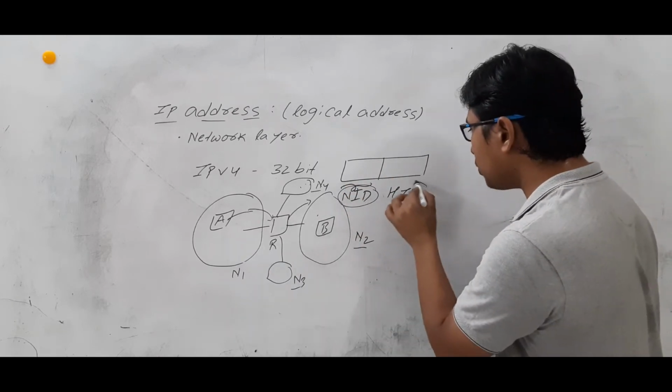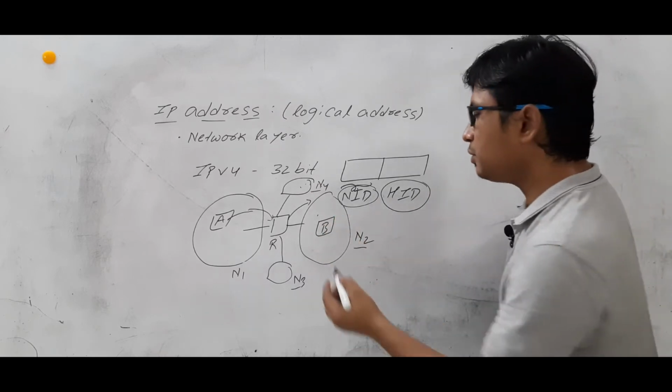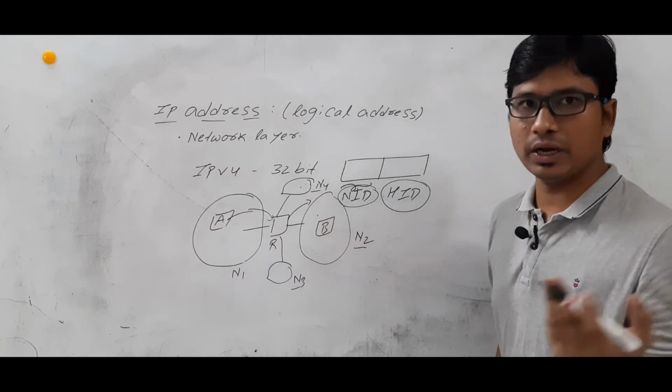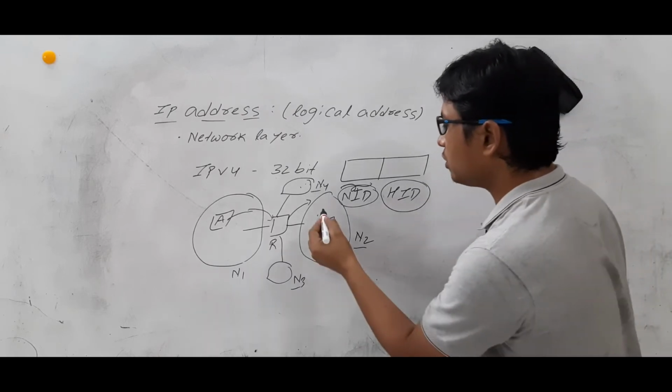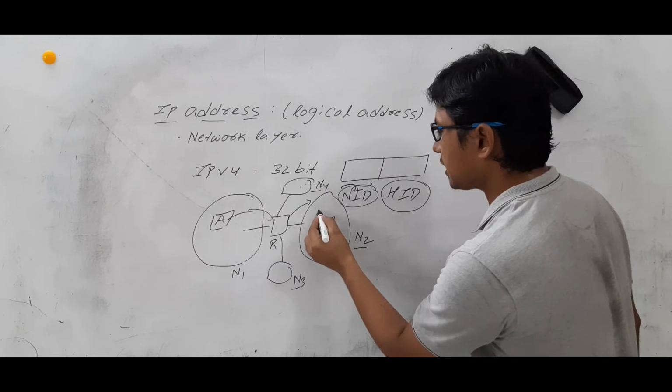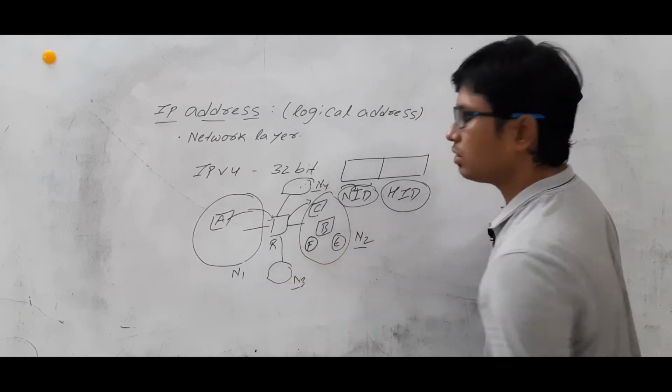Now you can ask me, what is the use of the host ID? In a network, you can have more than one device or node. Let's take node C, node E, node F, all these are hosts or nodes.